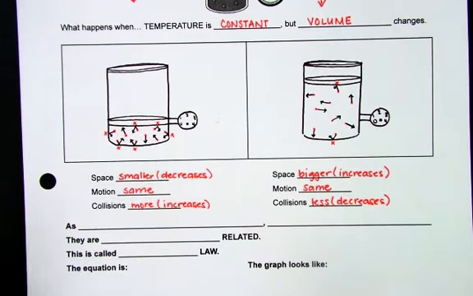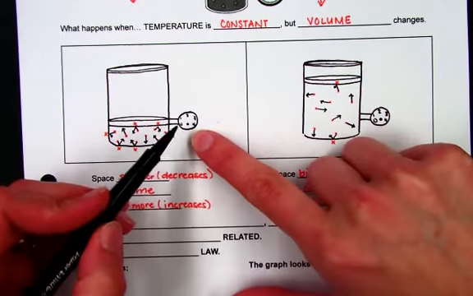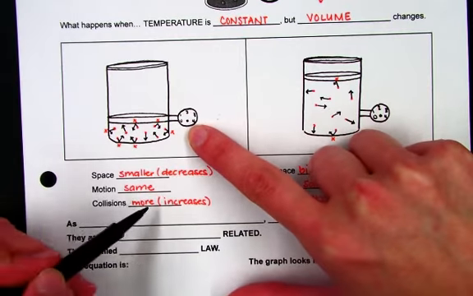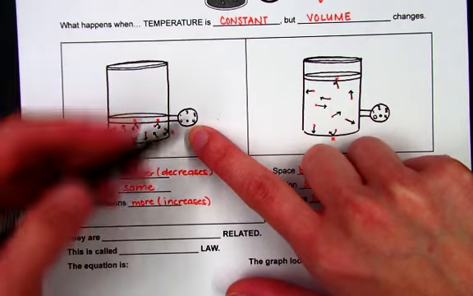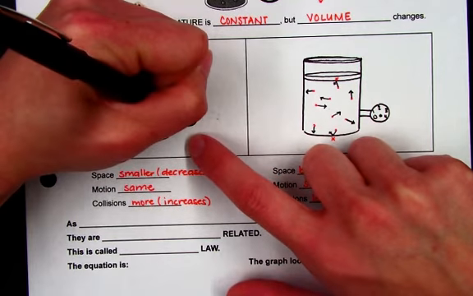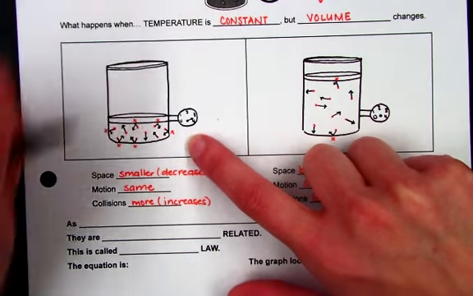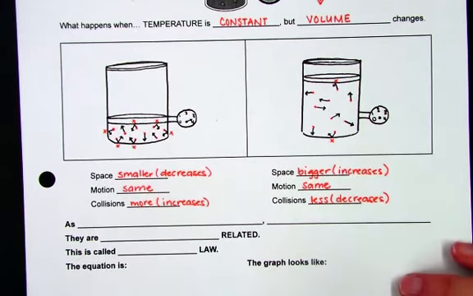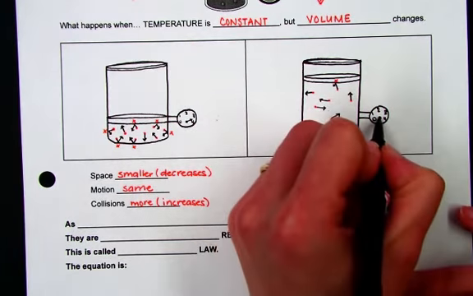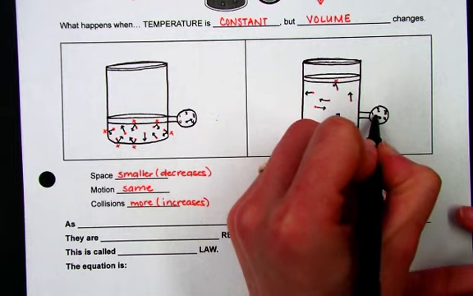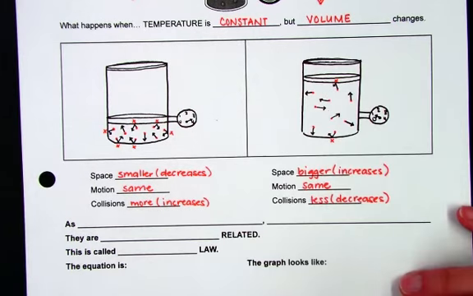We should then make our gauge here. More collisions means what about pressure? More pressure or increased pressure, right? So I'm going to draw that maybe pointing between 3 and 4. And if there's less collisions, that means I'll point this maybe between the 1 and the 0. Okay.